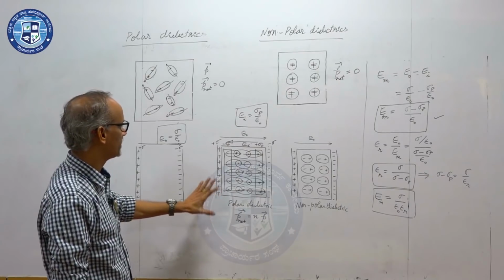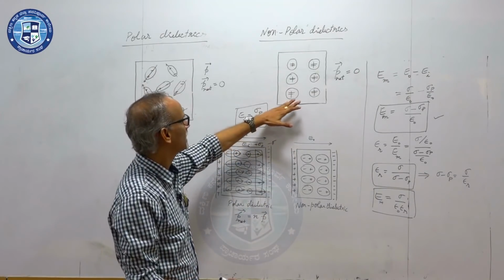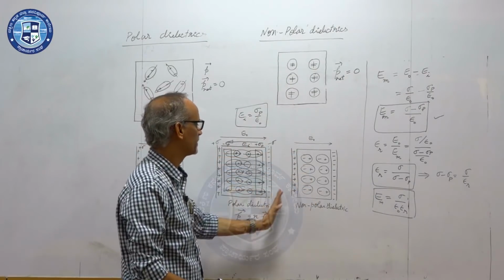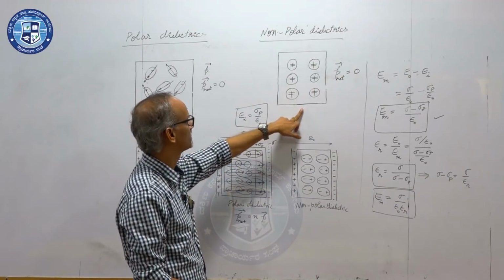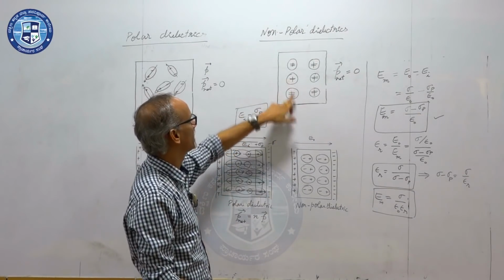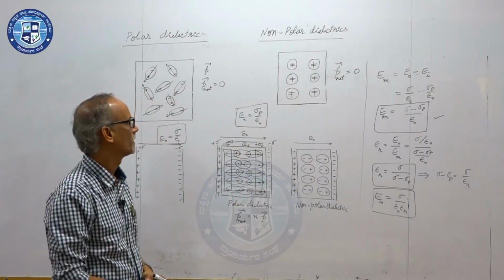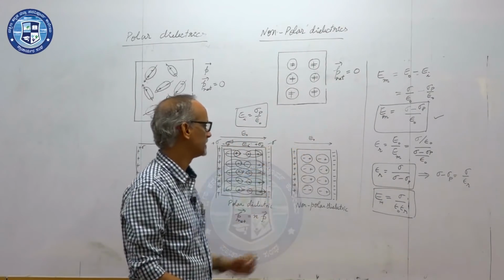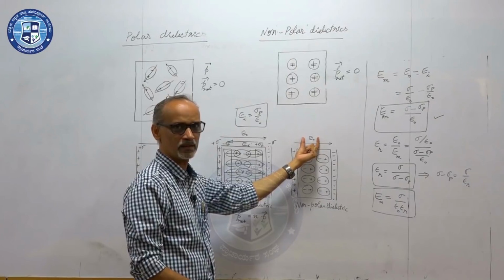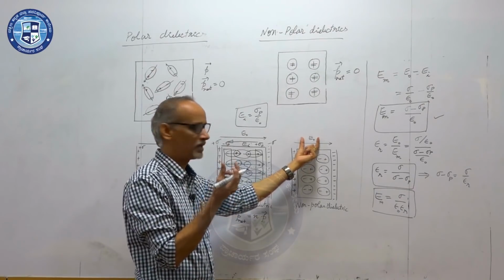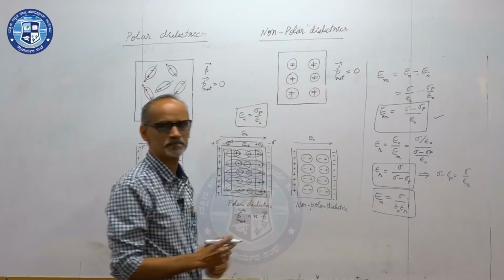Now, what happens if we introduce a non-polar dielectric between the two plates? In the absence of the electric field, the centers of positive and negative charges coincide. But in the presence of the electric field, the centers are under its influence, so they get shifted by a very small distance.